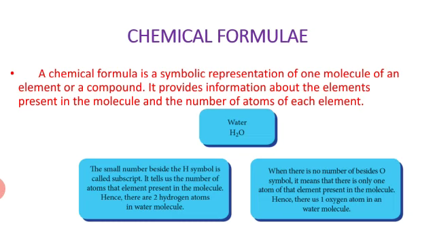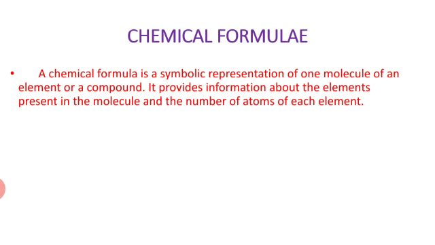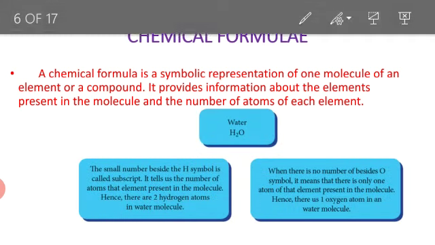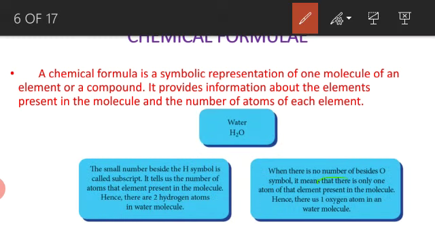When there is no number beside the oxygen symbol, it means there is only 1 atom of that element present in the molecule. 1 oxygen atom in the water molecule.